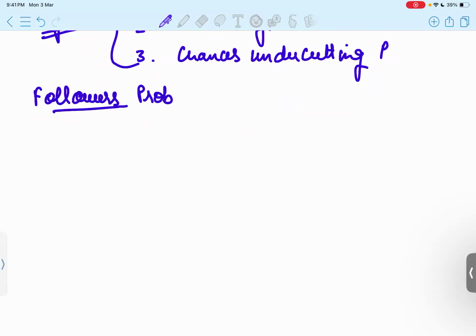So the follower's problem, again, what types of problems can be faced by the follower, which is following the leader of the market? Since it has to follow the price and output given by the leader, how is it going to impact its profit? That is not under the control of the follower firm.